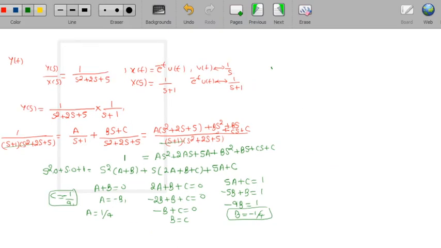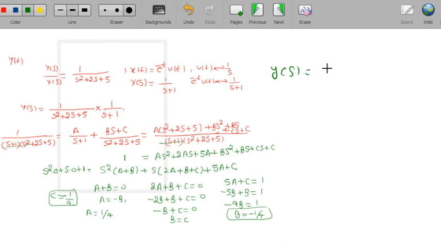So come to the point. Y of s: we get a equal to 1 by 4, which means 0.25 upon s plus 1; b equal to minus 1 by 4, so minus 0.25 s; and c is also minus 0.25, upon s square plus 2s plus 5. Correct?